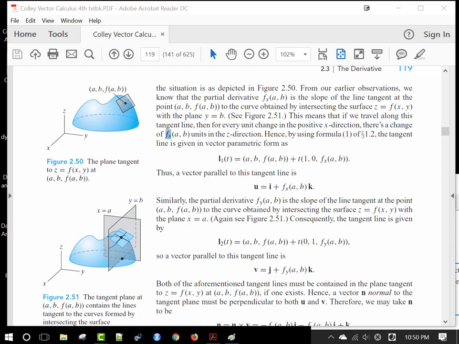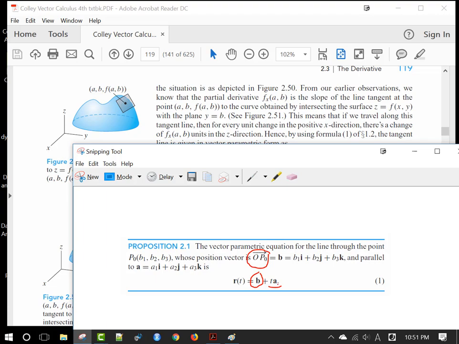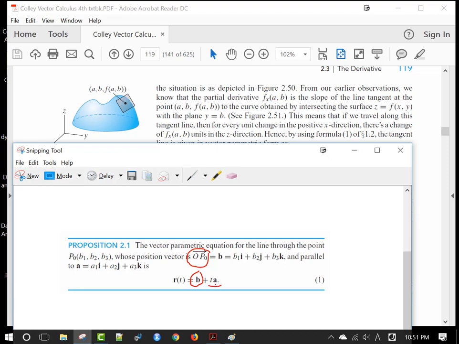That is how much the z component will increase. So this vector is parallel to that, because it says as we move 1 unit in the x direction and 0 units in the y direction, the z direction will increase by this much. So that is the vector that is supposed to be parallel to our line. Remember, there are many vectors that are going to be parallel to our line.